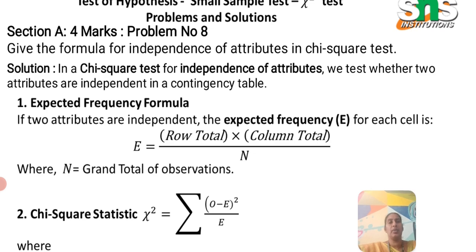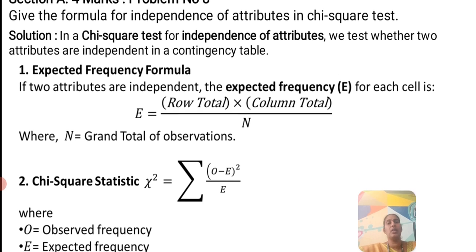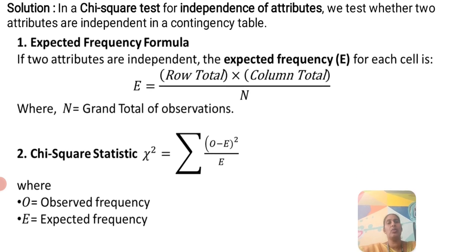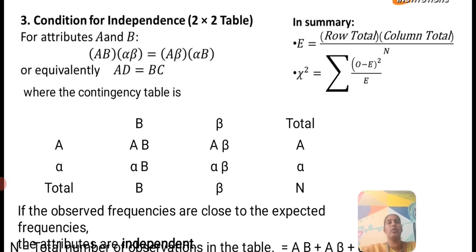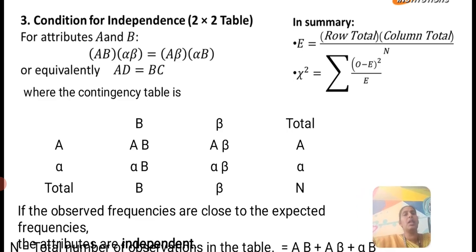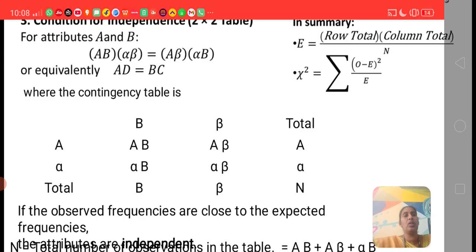The expected frequency formula is row total into column total by n, and the Chi-square statistic is summation of (O minus E) the whole square by E. In the table, we have to calculate A alpha, A beta, B alpha, B beta, and find the row totals as well as the column totals. So E can be calculated by multiplying the row total into the column total.